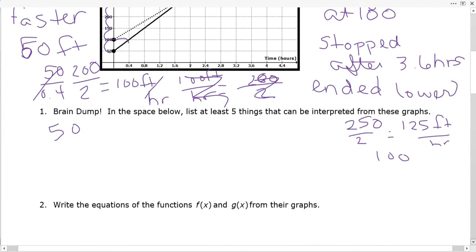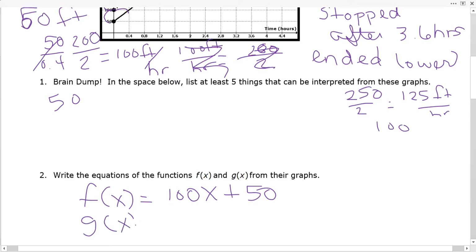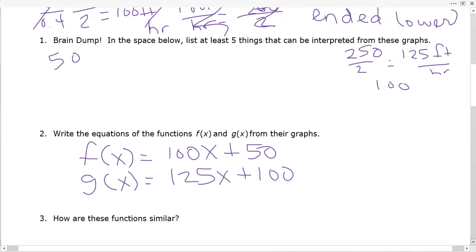Okay, so f of x, that's Finn, he is 100x plus 50, and Lucia is 125x plus 100. Okay, so what does that mean?